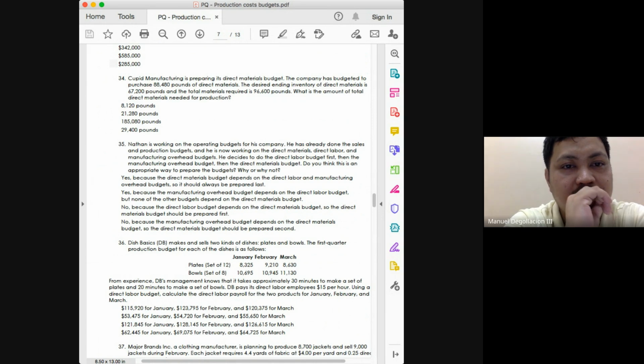The total materials required would already include what is needed in production and the ending inventory.